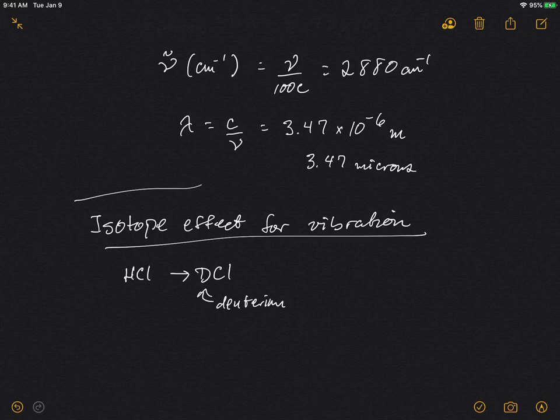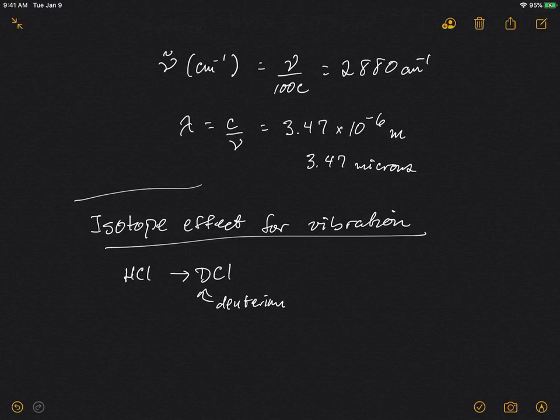And so it has a mass of 2 AMU. And we could also look at the two different primary isotopes of chlorine, chlorine 35 and chlorine 37. We're going to look at the deuterium case, and we can leave the chlorine case, the different chlorine isotopes, for a homework.